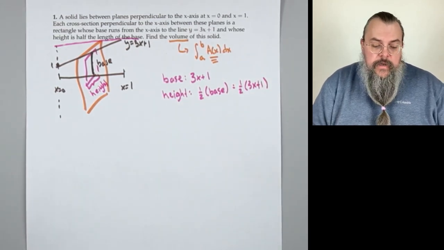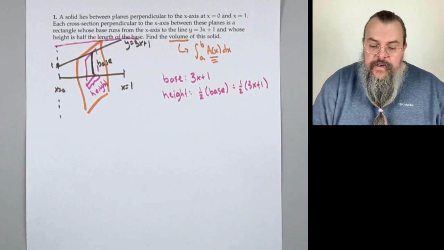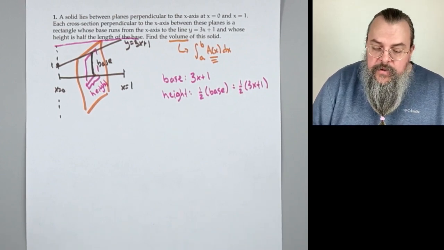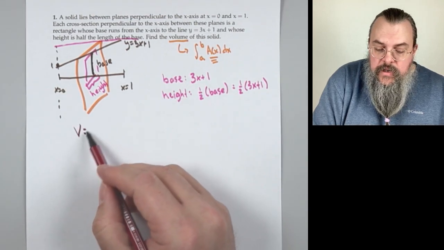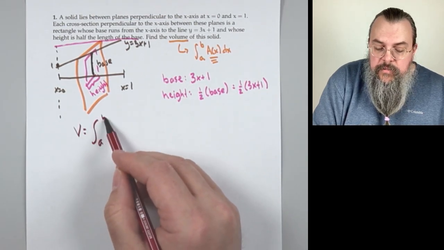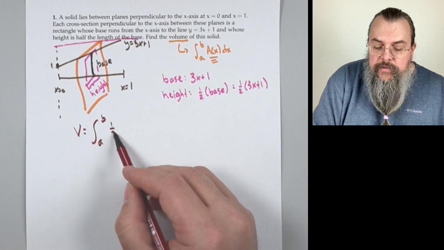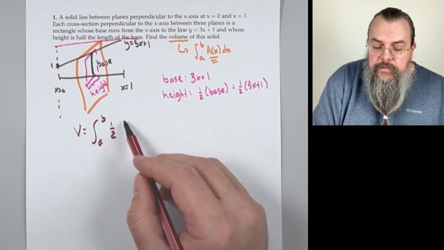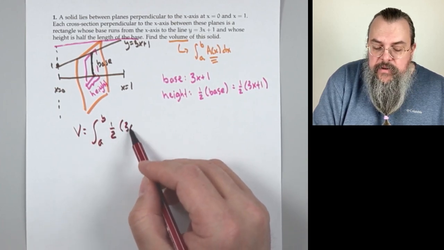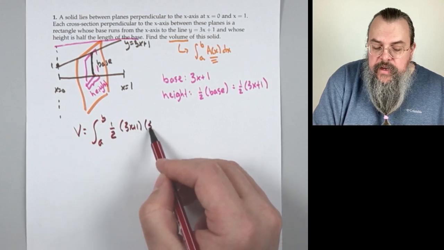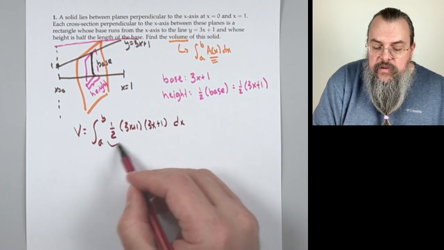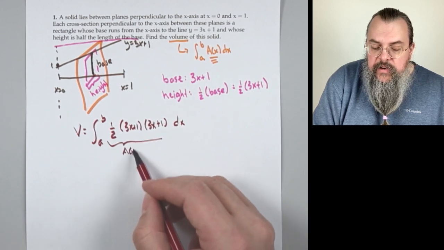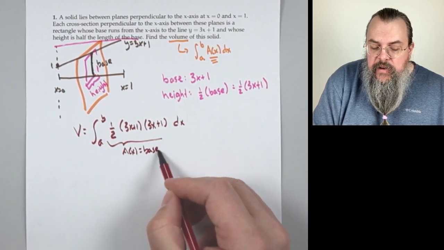We put everything together, and to get the area of a rectangle, it's base times height, so our volume is the integral from a to b of 1/2 of our 3x plus 1 times 3x plus 1 dx. So this is our A of x equals base times height.